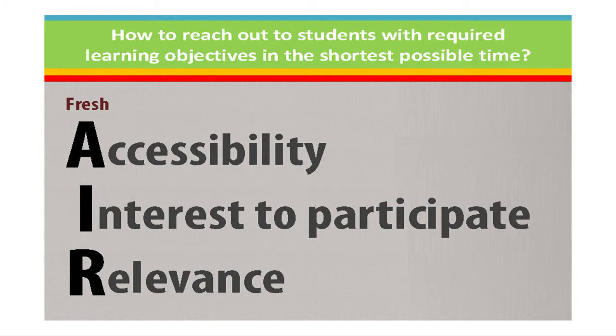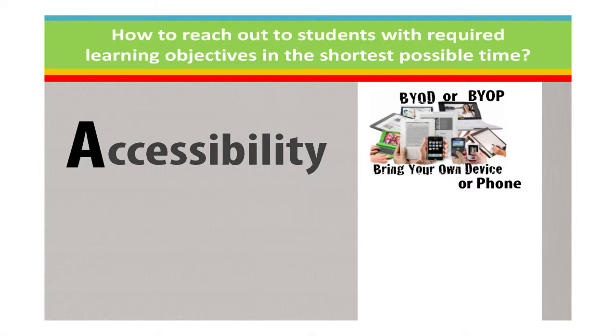Accessibility: we must make sure the students have access to these smart devices. Interest in participation: how to create interest, later I'll share. And of course, what Prof. Lee mentioned, relevance: how to create relevance to them, to their learning. Accessibility.